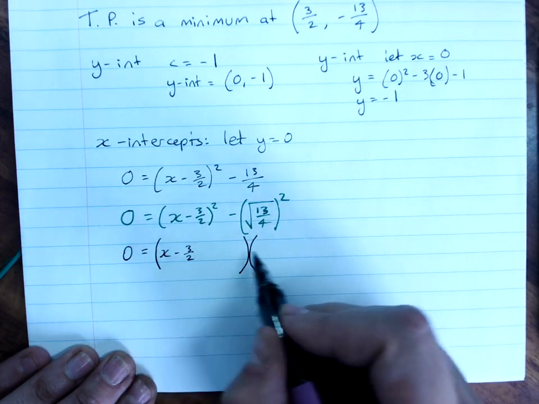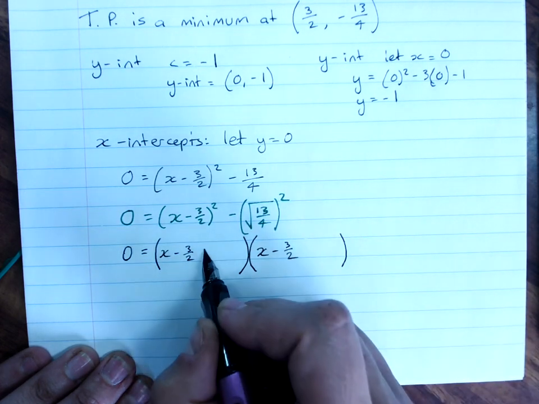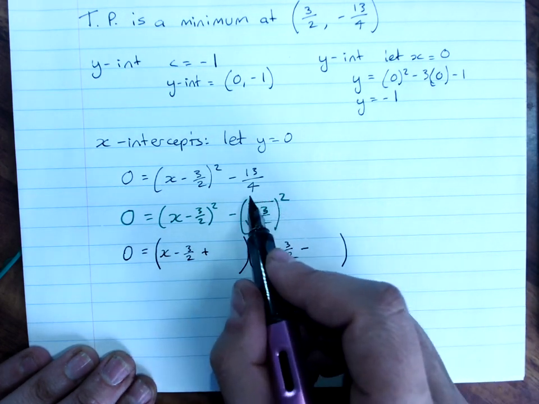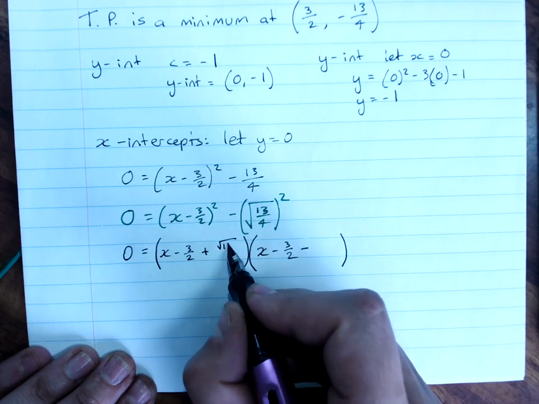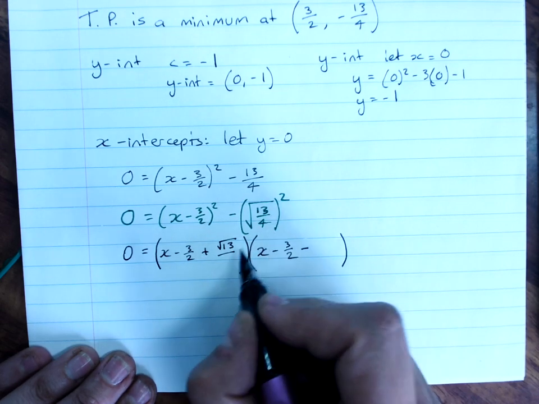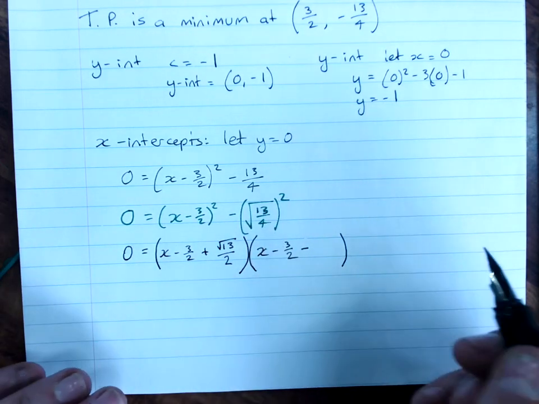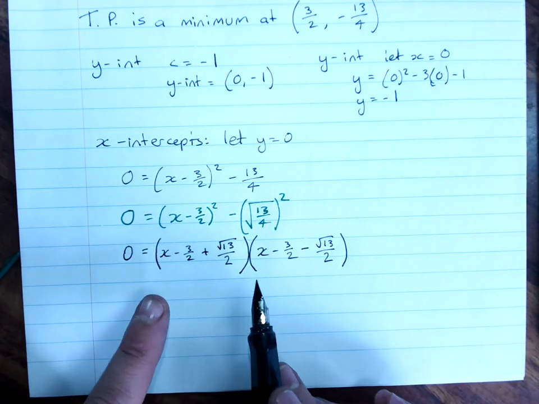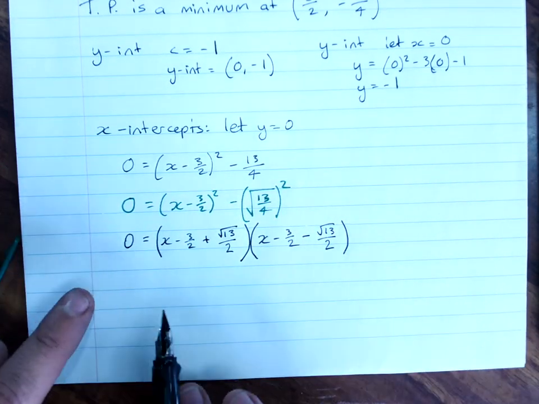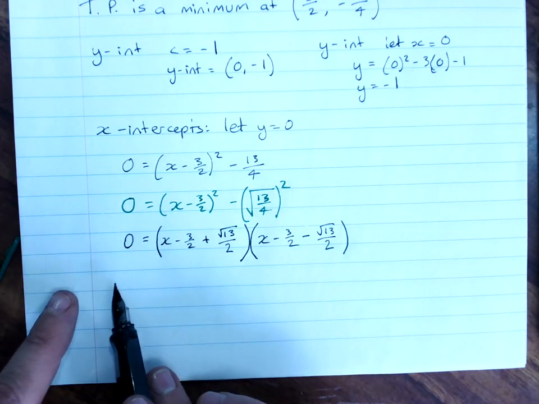That goes at the start of each bracket. Plus and minus. The second term's square root is the square root of 13 over 2. Because remember, square root of 4 is 2.